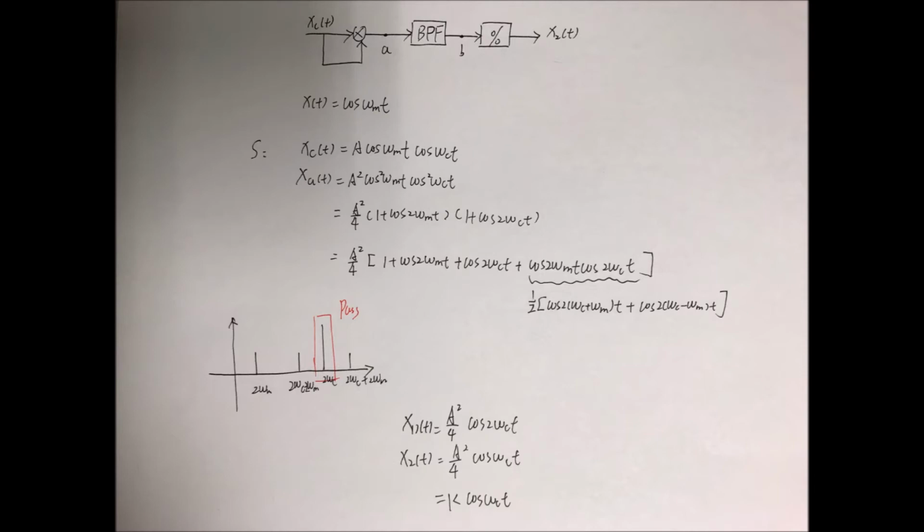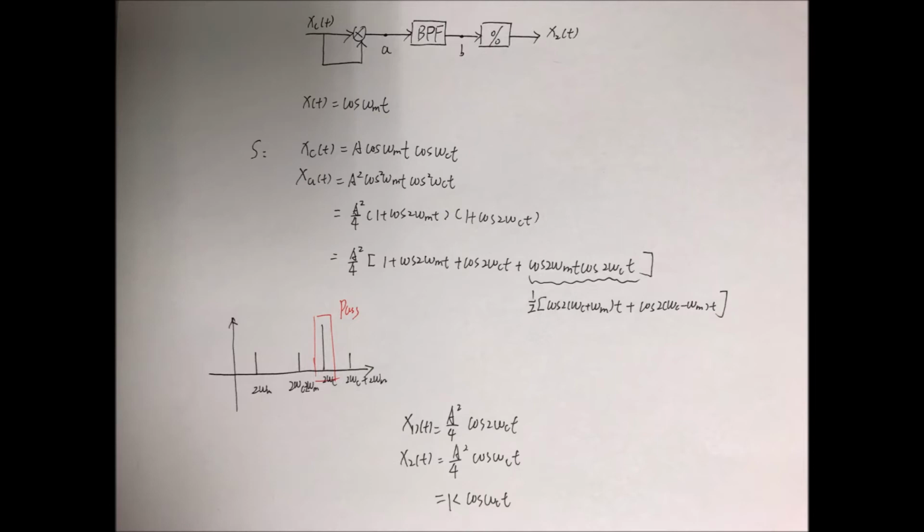So if I look at the entire signal, it has the DC component, 2 times my signal's frequency, 2 times my carrier, and omega c plus omega m, omega c minus omega m.